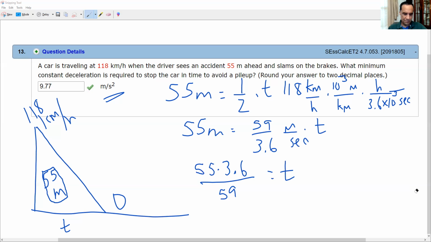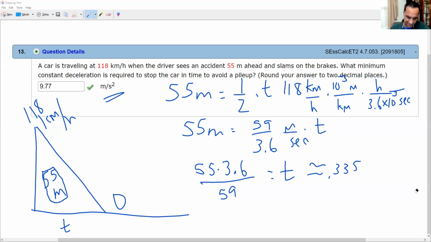Now, most of you will not be happy with a fraction like that, so you might want to get an approximation. Wait, I did it wrong. Never mind. I forgot to do something.